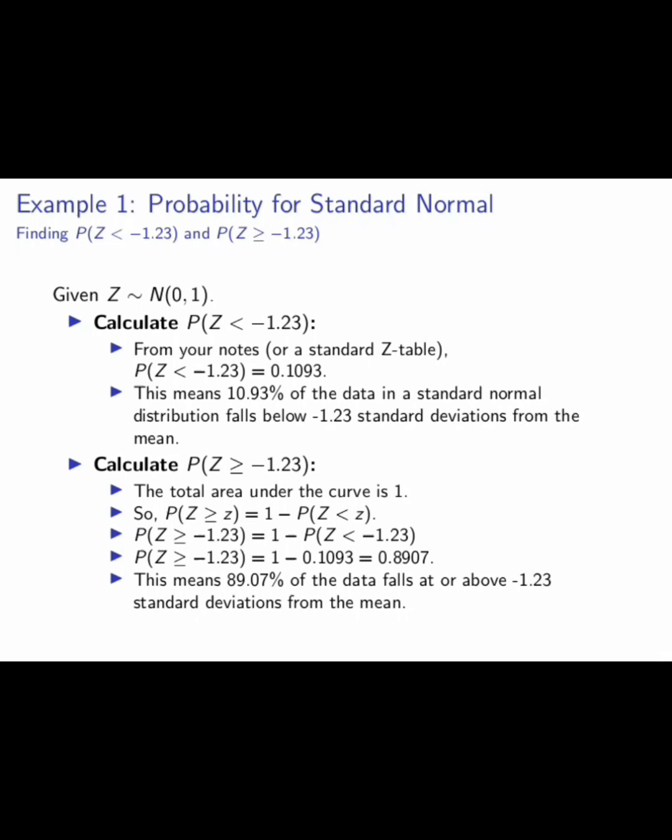So the second part says the probability of Z greater than or equal to minus 1.23. Now greater than or equal to means it is either equal to minus 1.23 or greater than minus 1.23. That's what it simply means. So this means that the total area, left, mean, and right, all of them together, is equal to 1.